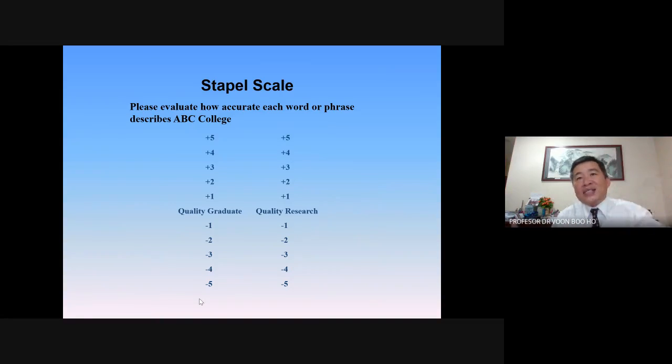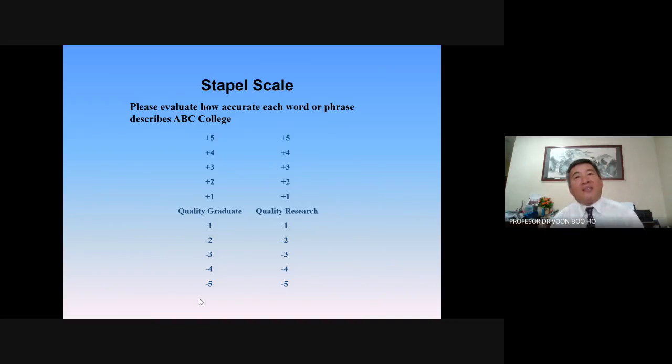So if you have a list of these adjectives with these scales, you can really carry out a very good assessment of that particular university in a very interesting manner, and a very user-friendly manner, because it's easier to just circle this and also express whether negative or positive evaluation towards that particular thing.